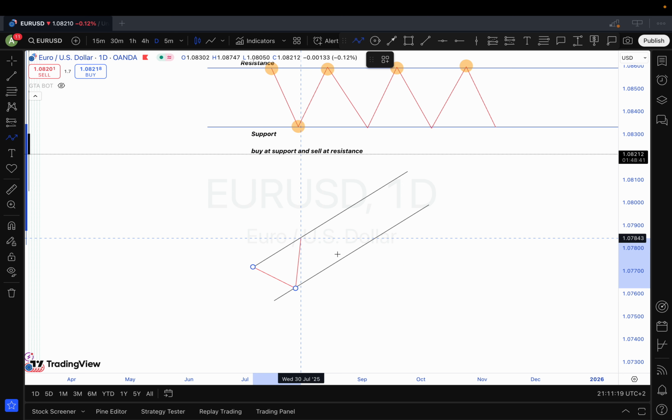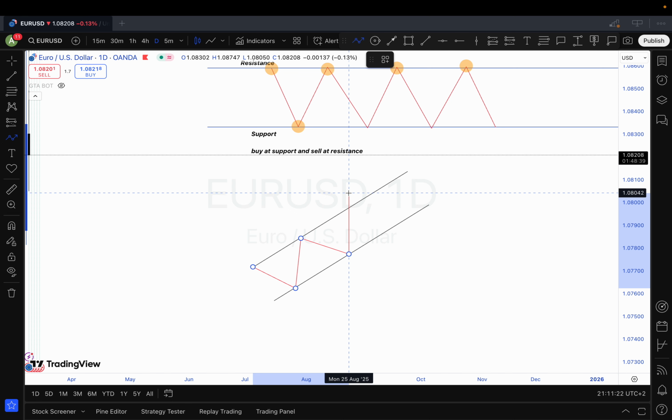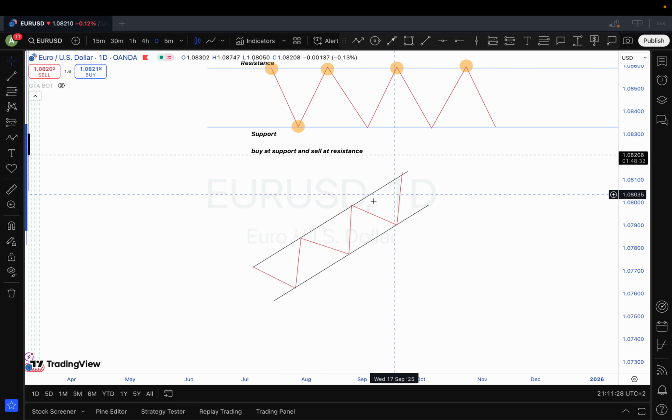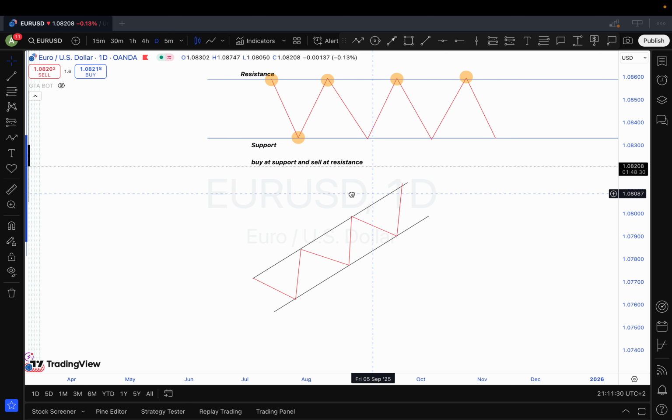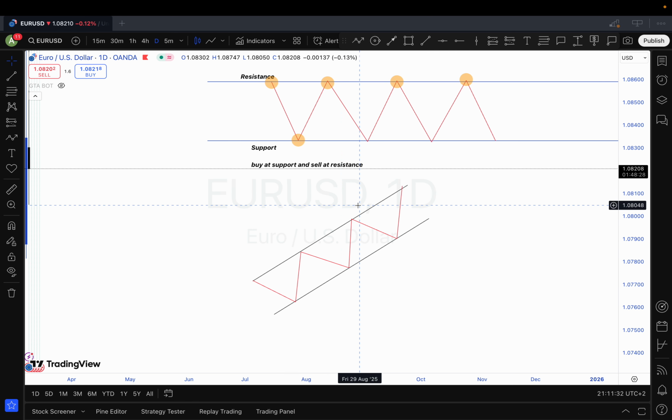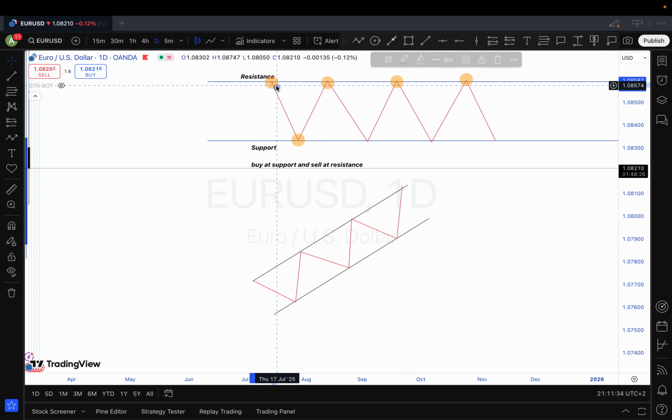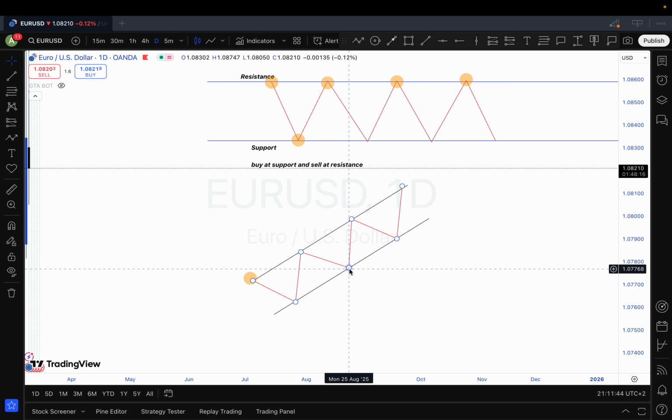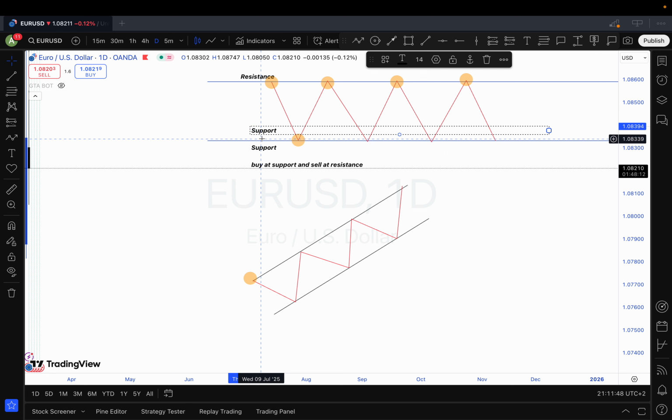Even when we're talking about other strategies like ICT and some others, at some point you are going to come across support and resistance. Even if they call it buy zone, sell zone, it doesn't matter. Just know that you're going to come across support and resistance. So here, the same thing: sell, sell, sell, sell, and then a buy, a buy, a buy, and a buy, depending on how the market is moving.